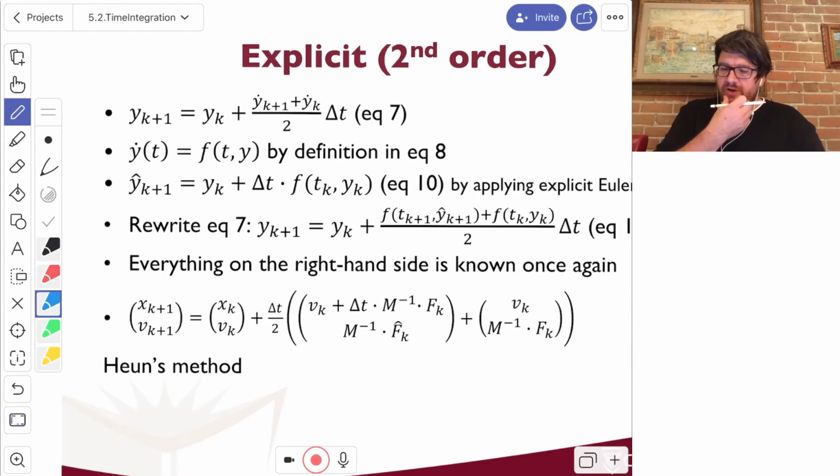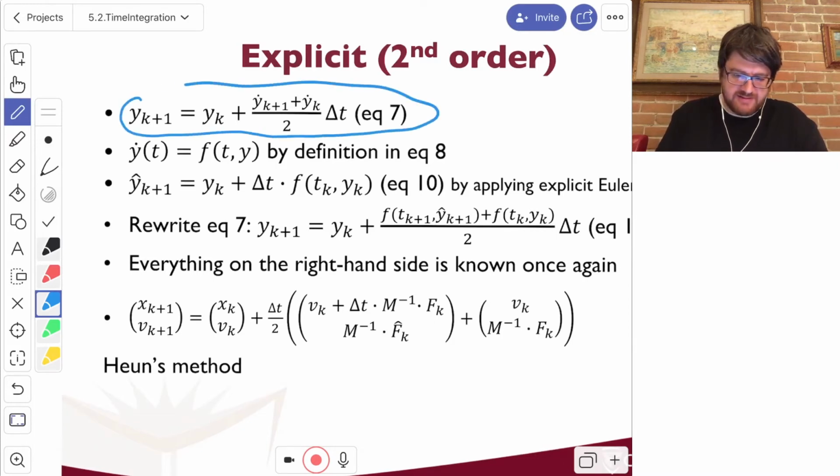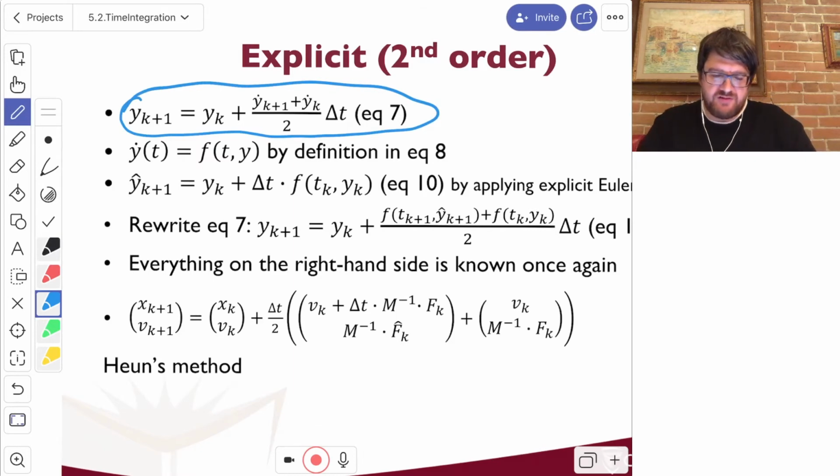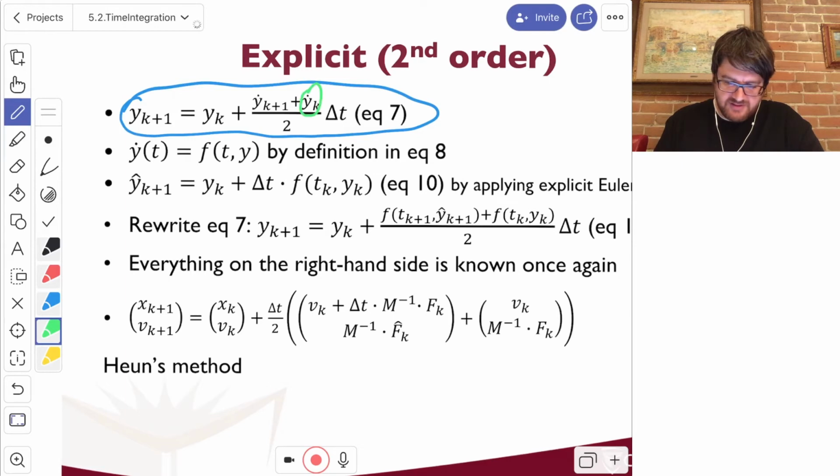Our new equation for the explicit second order method is shown here, equation 7. The new y_{k+1} is y_k plus the step times the average between the derivative at k and the derivative at k+1. As I mentioned earlier, the derivative at k is simple to compute because we get it from the differential equation: it is f of t_k, y_k.